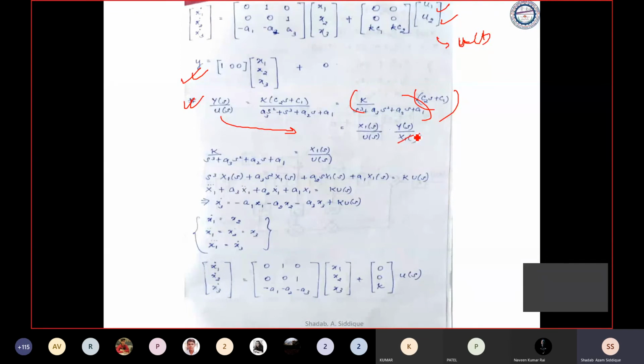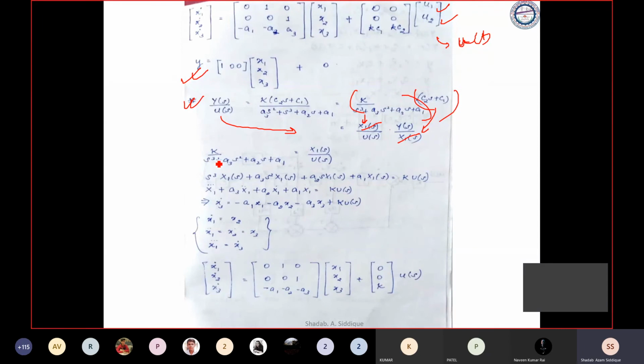If you cross multiply and cut x1, x1 will get cancelled and you get only y by u, the same thing. So we have split these two and written x1 by u and y by x1. x1 by u is nothing but this equation, and y by x1 is nothing but this equation.